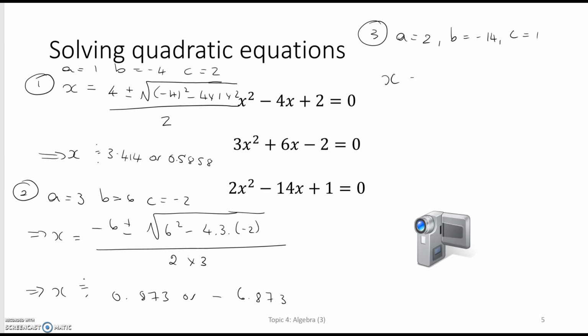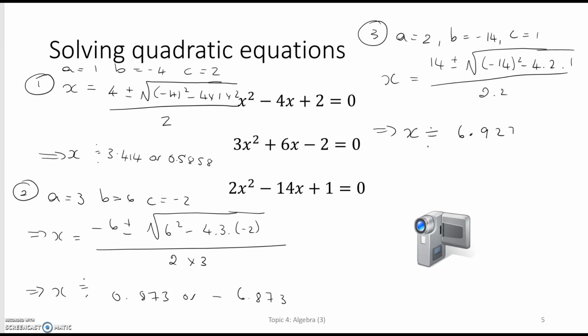So x equals, now negative 14 is positive 14, plus or minus the square root of 14 squared minus 4 times 2 times 1, over 2 times 2. We'll use the calculator, and that gives us the answer that x is approximately equal to 6.9278 or 0.0722.